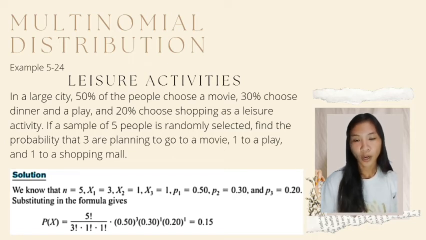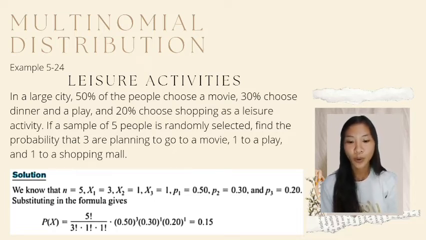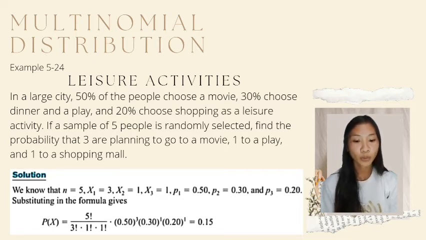To solve this one, we know that n is equal to 5, x sub 1 is equal to 3, x sub 2 is equal to 1, x sub 3 is equal to 1, and p sub 1 is equal to 0.50, p sub 2 is equal to 0.30, and p sub 3 is equal to 0.20.